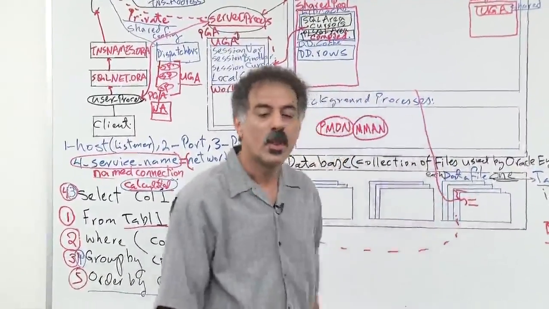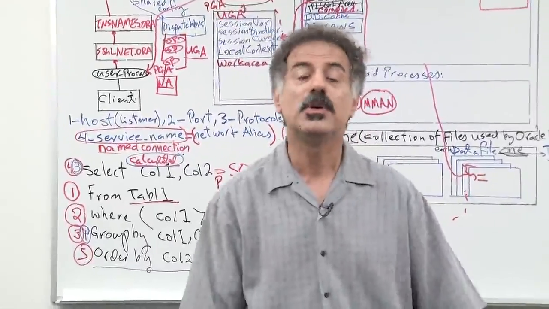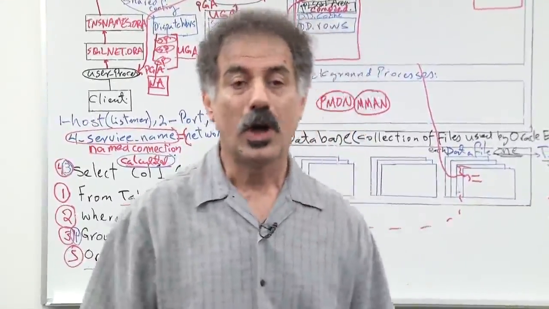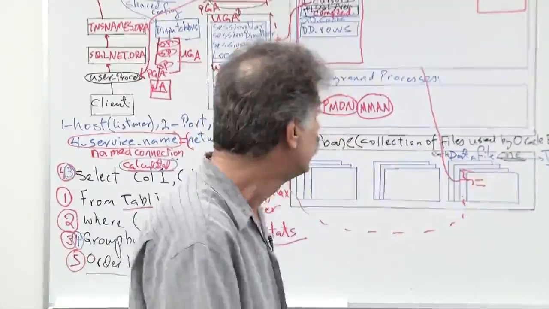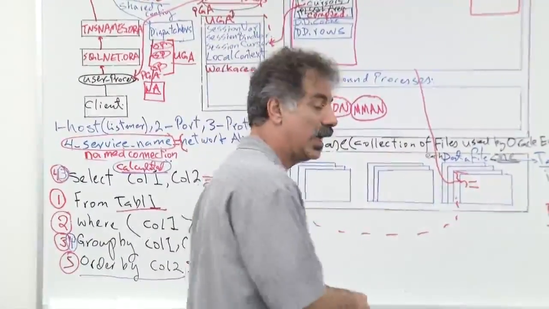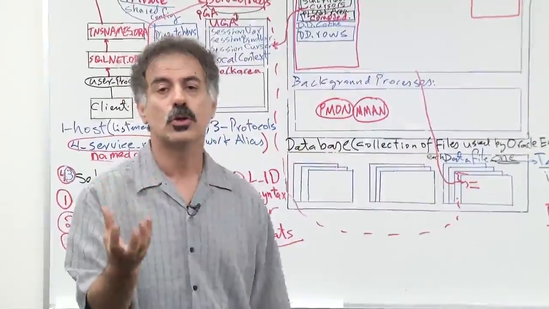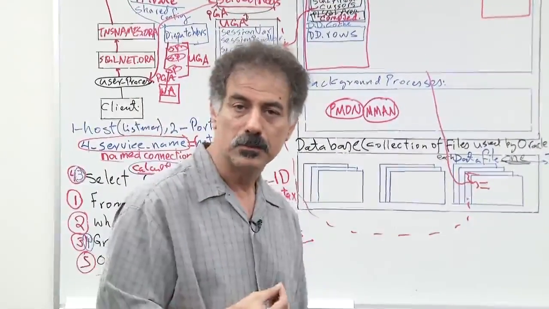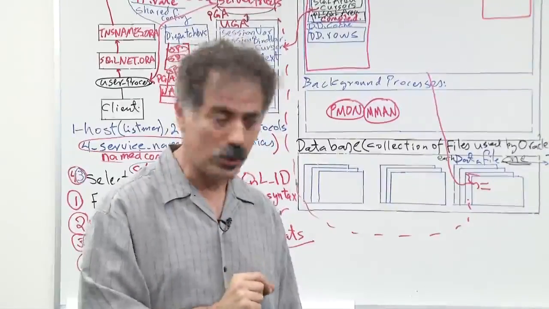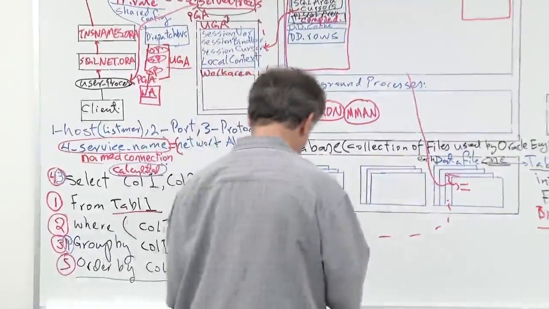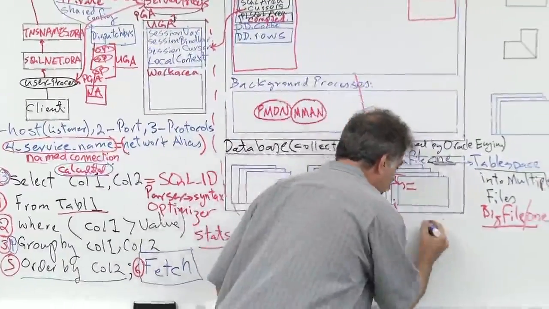Now, once we bring the data up, would other people need to use that data? Well, we said that data is stored in a logical format. The smallest logical unit of data for Oracle is called an Oracle block.